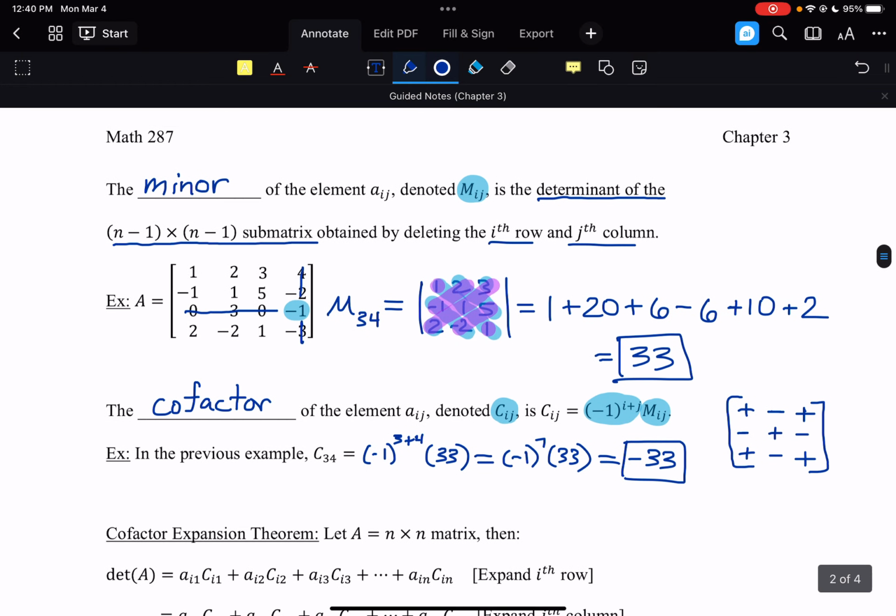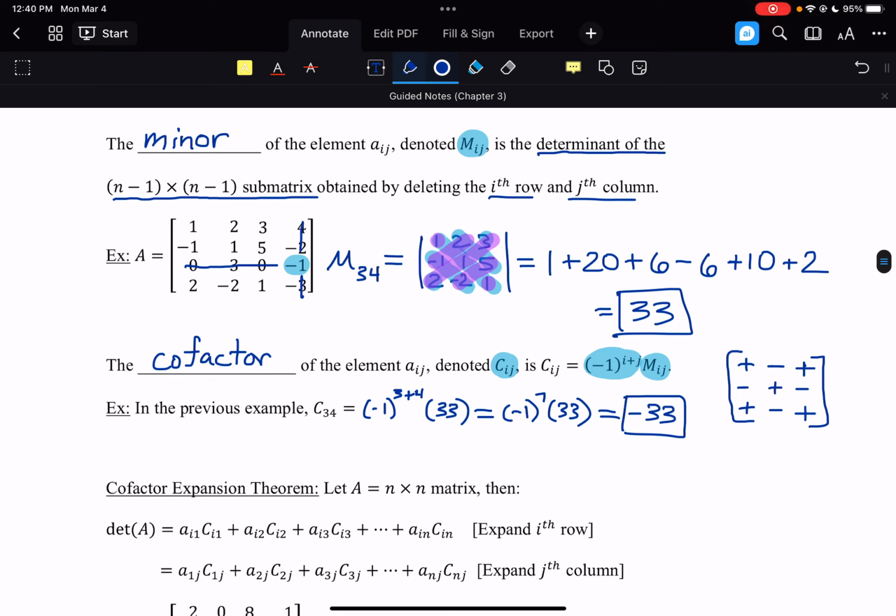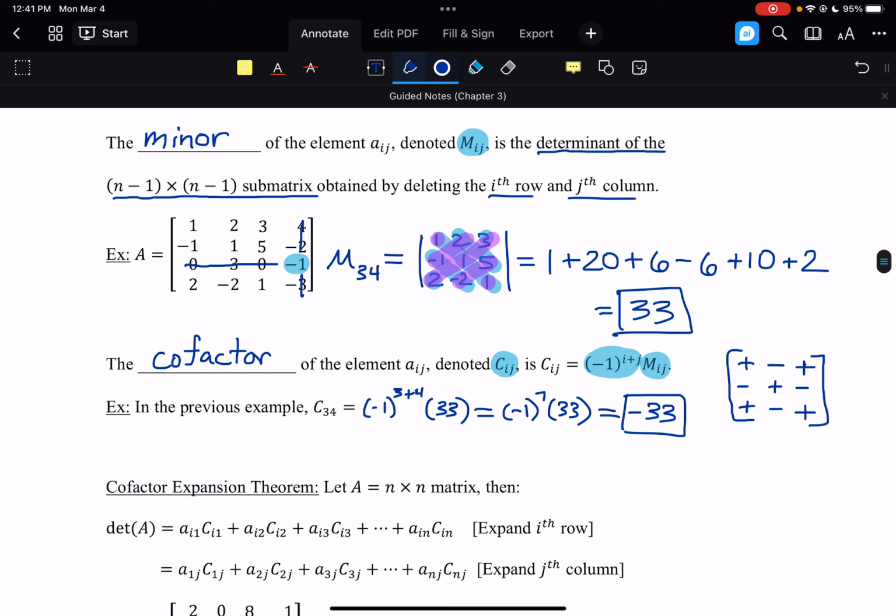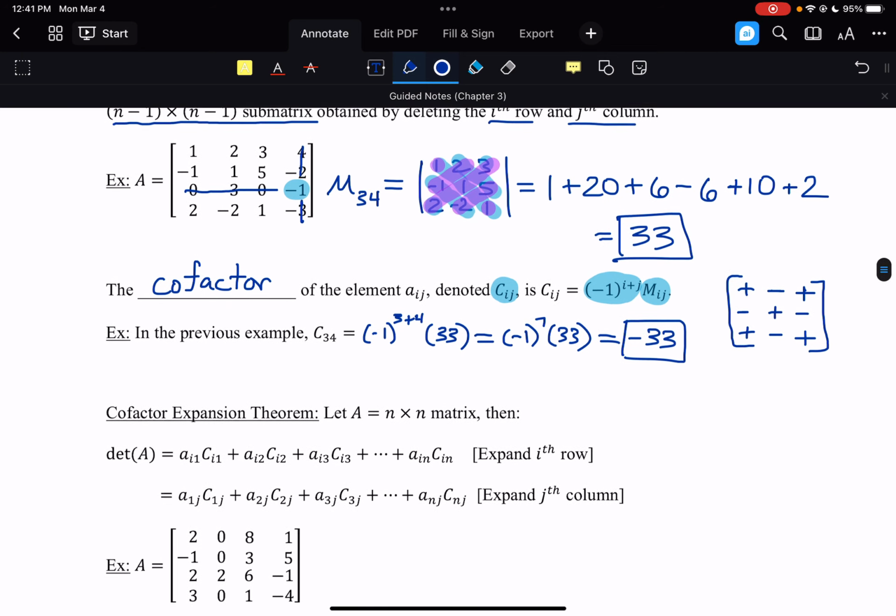So when it comes to computing a determinant using cofactors, we have what is called the cofactor expansion theorem. The cofactor expansion theorem says for an n by n square matrix, the determinant of A is equal to a_i1 C_i1 plus a_i2 C_i2 plus a_i3 C_i3, etc., all for the expansion of one of the rows of the matrix.